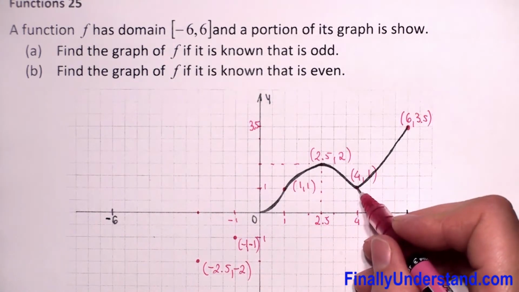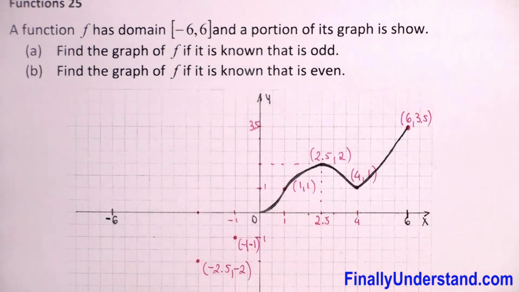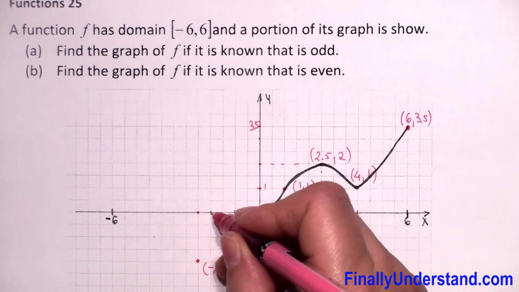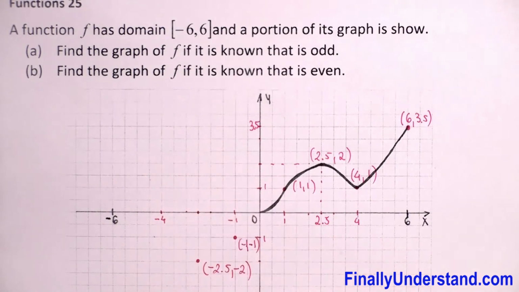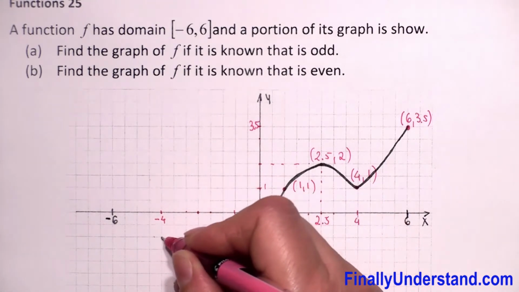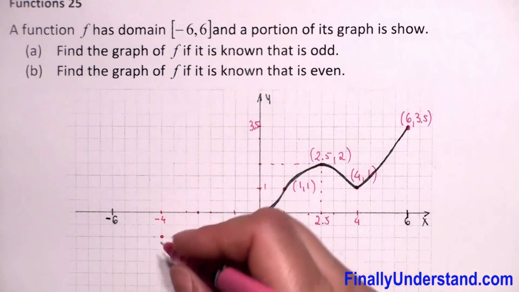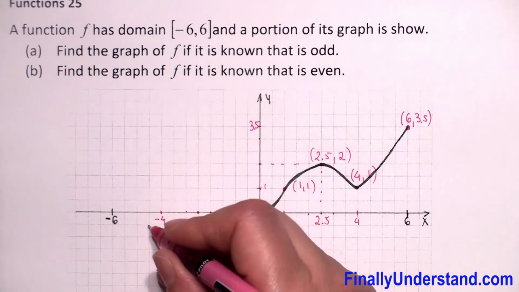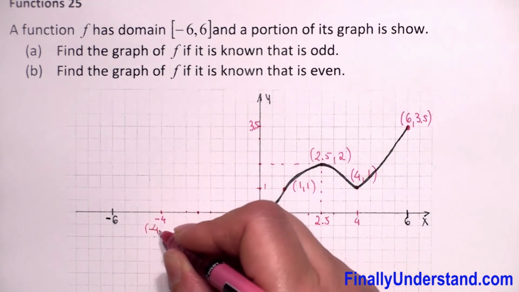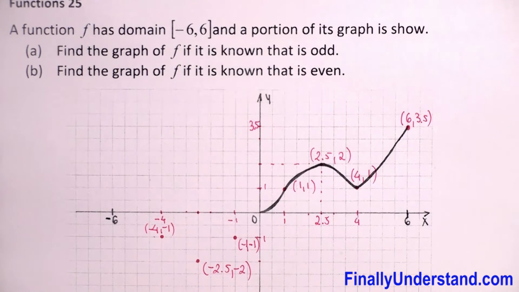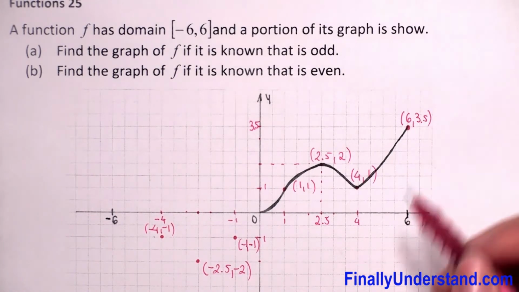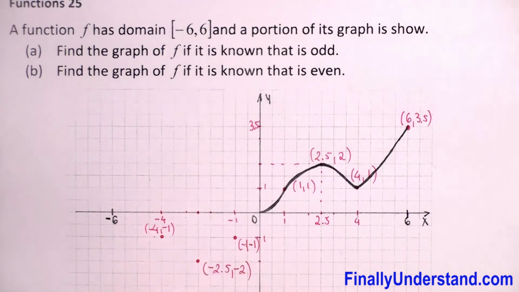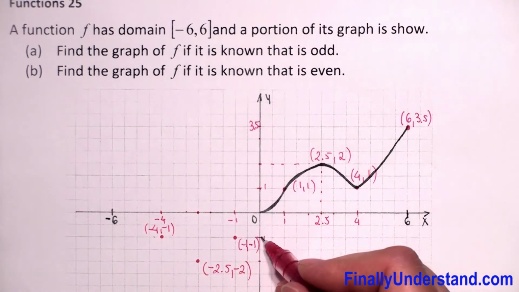The third point is 4, 1, so it will be negative 4, negative 1. This point is negative 4, negative 1, and the last is 6 and 3.5, so it will be negative 6 and negative 3.5.